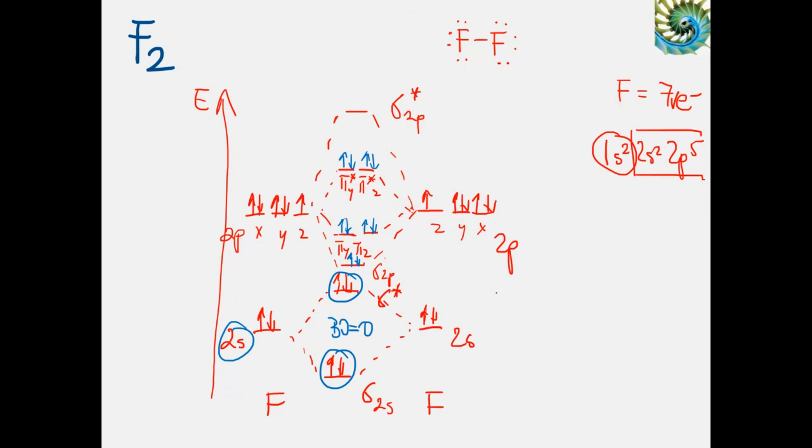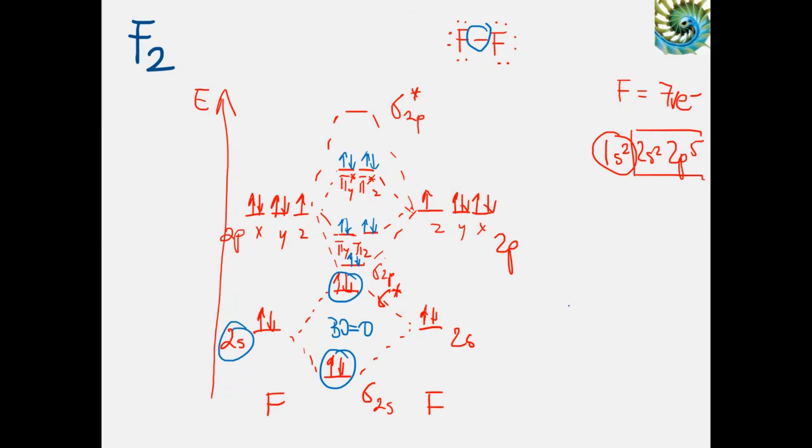So the only thing that can affect the actual bond order here, which tells you that this indeed is a single bond, are the values that you can get from the calculations on the 2p orbitals.